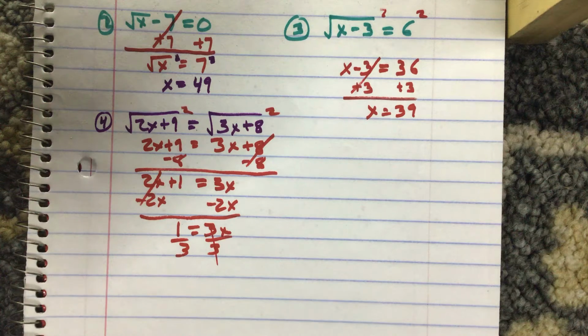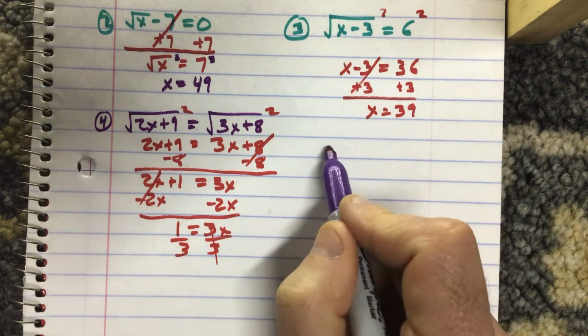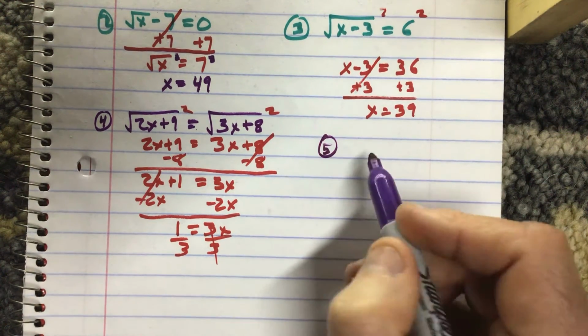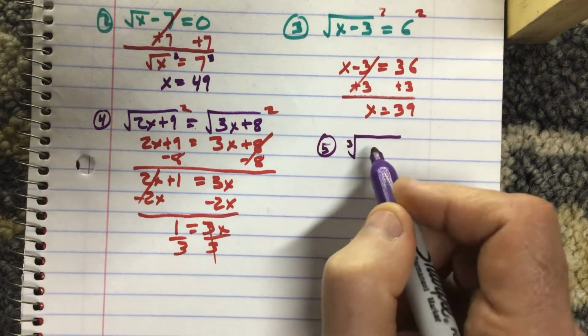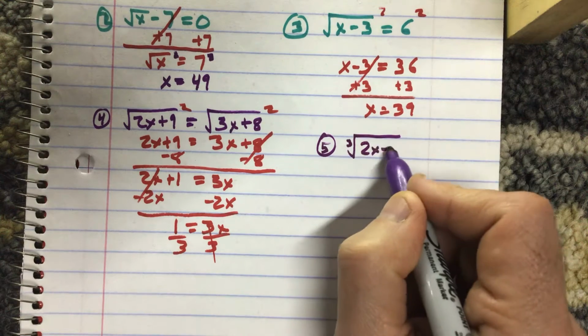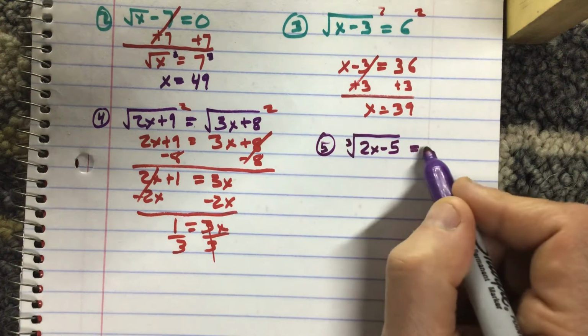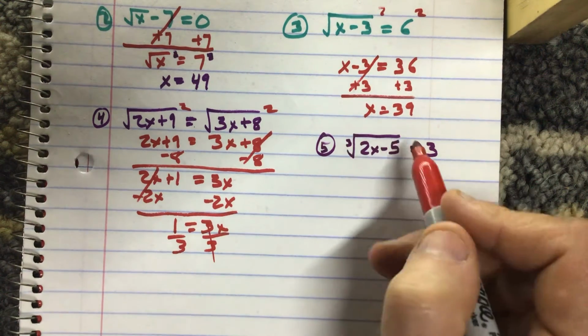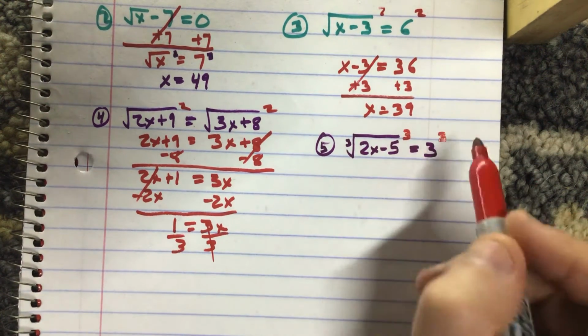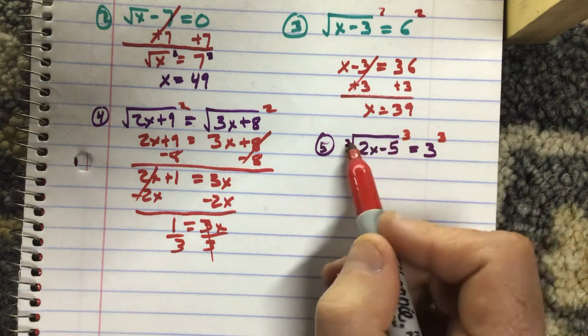Okay, on the next example, number 5. Here's something slightly different. This is a cube root, so I'll put a little 3 here, and I get cube root of 2x minus 5 equals 3. Now, if you want to get rid of a cube root, you just cube both sides, because taking a cube root and cubing are opposite operations.